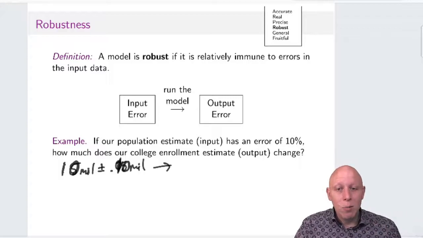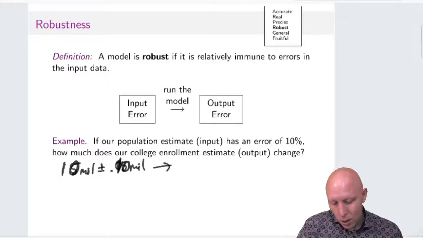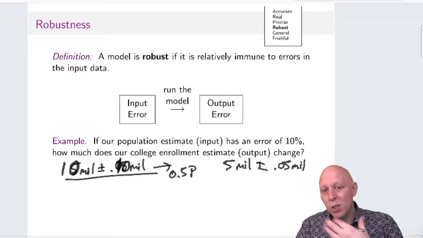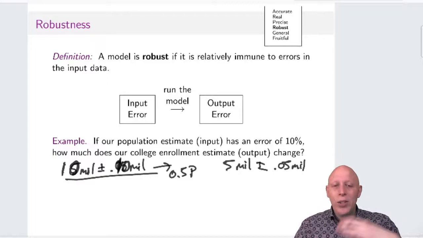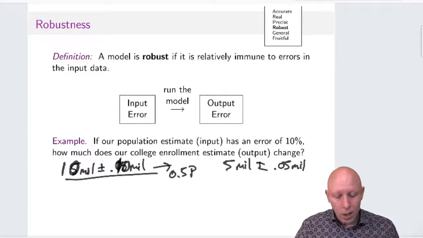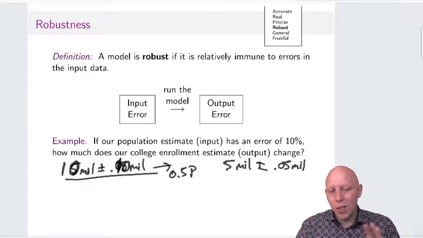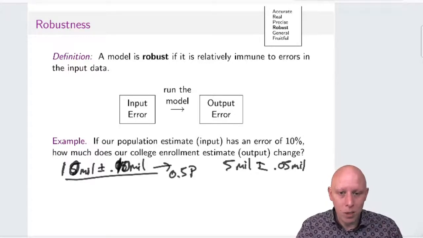How is that going to impact our enrollment estimates? Well, when we run our model, 0.05 times p, what do we get? We get 5 million plus or minus 0.05 million. You can see here that we put in a 10% error, and out came a 10% error. So we're going to consider this to be a rather robust model.